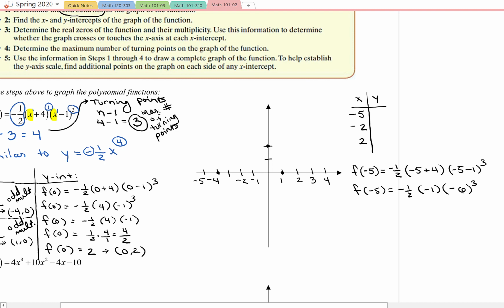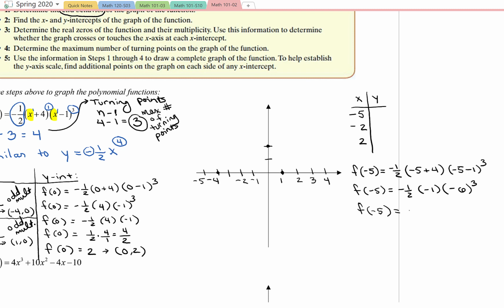I can tell right away this -6 raised to the third is going to give me a big number. So at this point, you might want to even stop and not worry about this one particular point here, because you can tell that this basically is going to go down towards -infinity, the smaller that x gets. So that might be something that you might take note of right here.